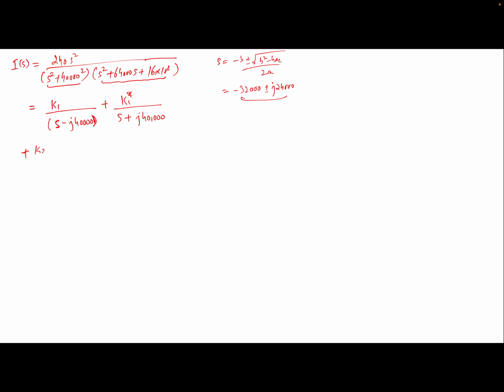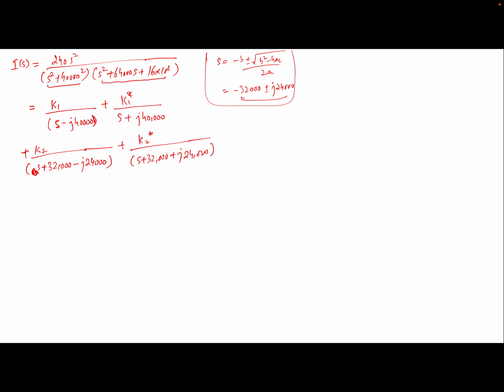I'm going to get k2 over s plus 32,000 minus j 24,000 plus k2 conjugate over s plus 32,000 plus j 24,000. Okay, great.